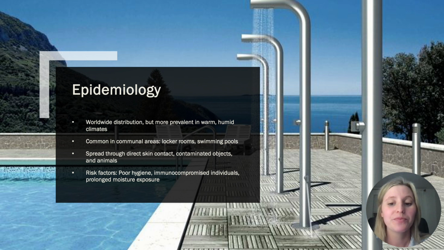That's disgusting. The infection spreads through direct contact with infected individuals, animals, or contaminated surfaces. People who are immunocompromised, have poor hygiene, or are frequently exposed to moist environments are at a higher risk of infection. So, for example, your athletes, right?